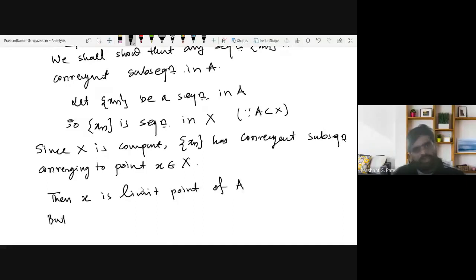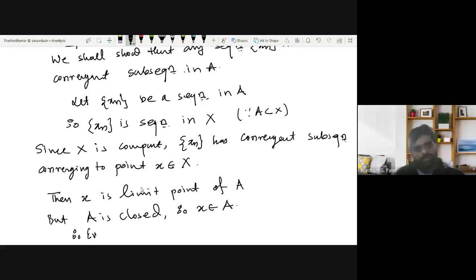But A is closed. A is a closed set and this limit point is in X. So therefore X is in A. Therefore what I have proved here is xn has a convergent subsequence which converges to X, and that point X is in A. So that means any sequence I pick in A will have a convergent subsequence.